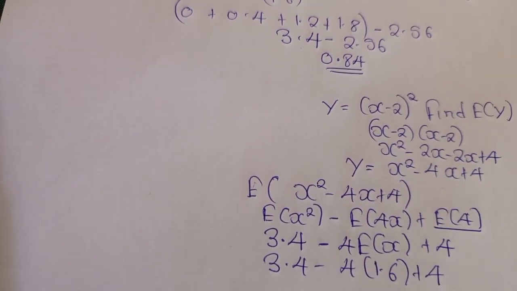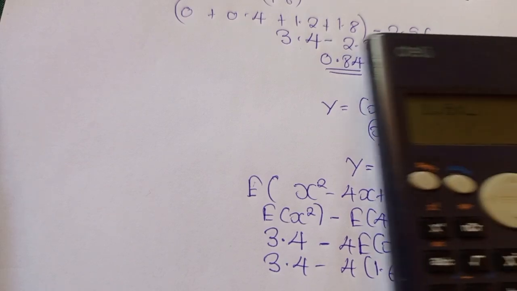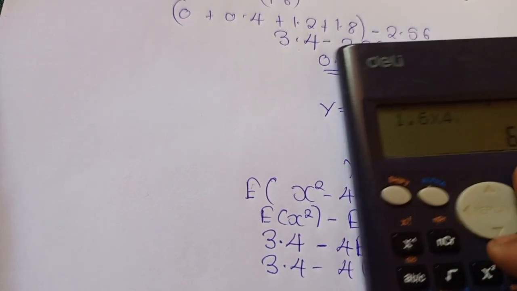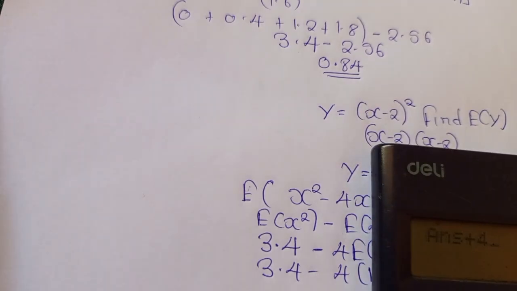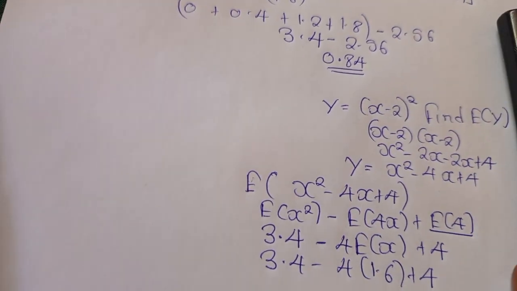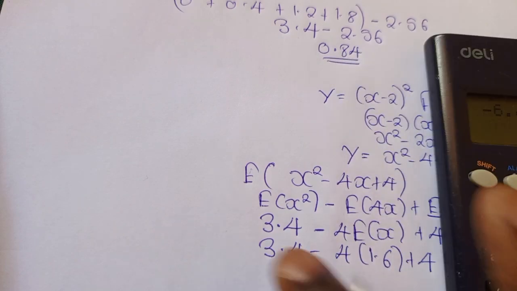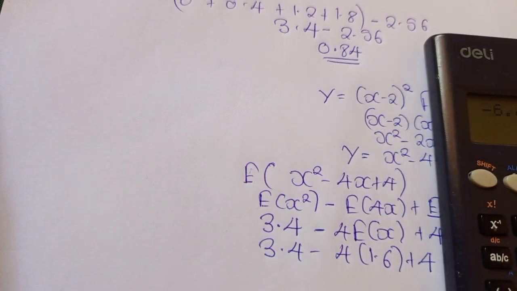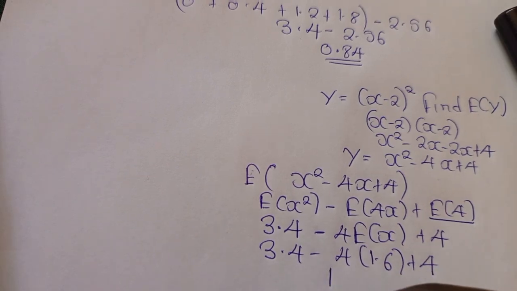And from here, you can just grab your calculator, you punch 1.6 by 4, you get the value to be 6.4. 6.4, remember this is negative, so it will be negative 6.4. So we add plus 3.4 and also add plus 4, and we get the value to be 1.